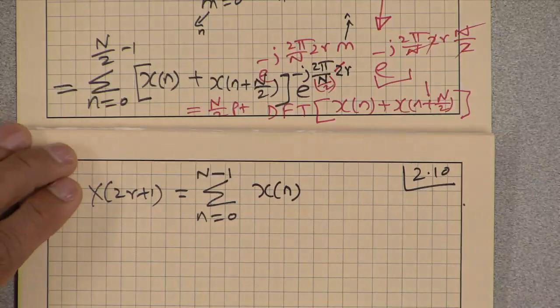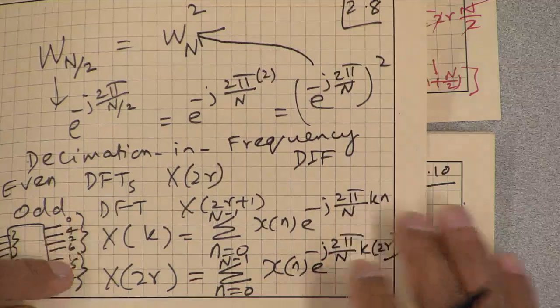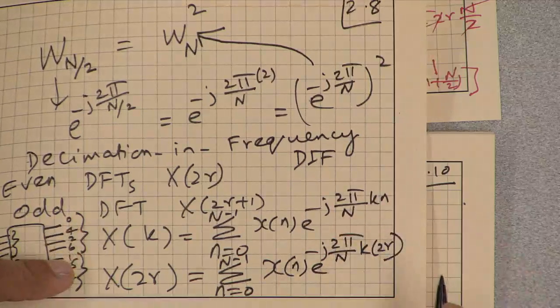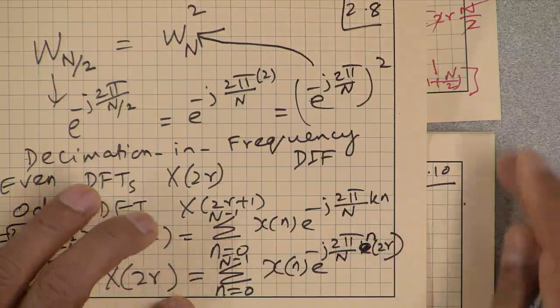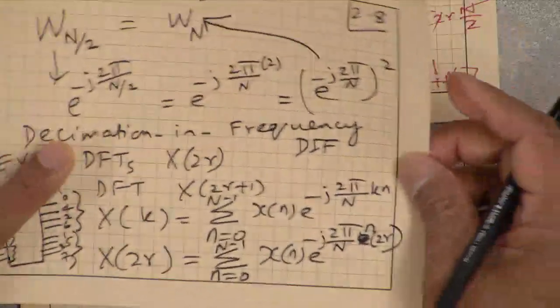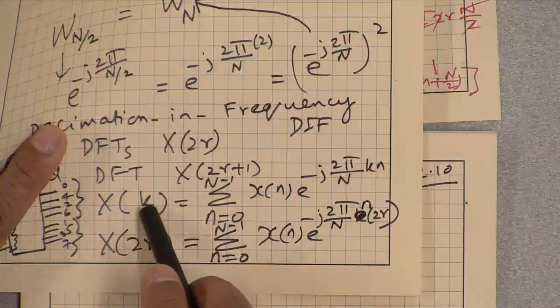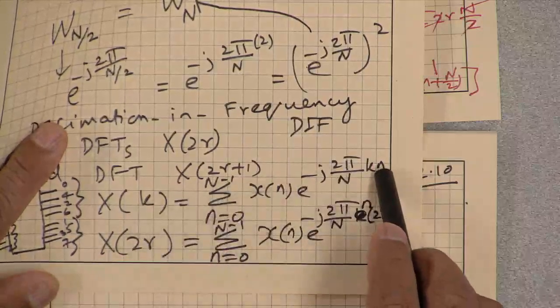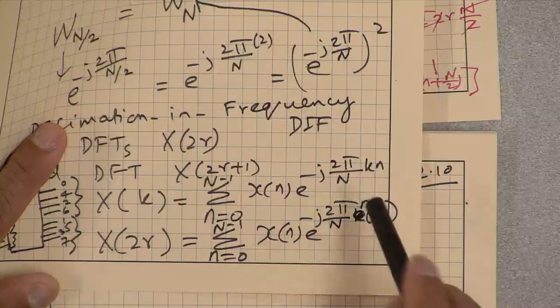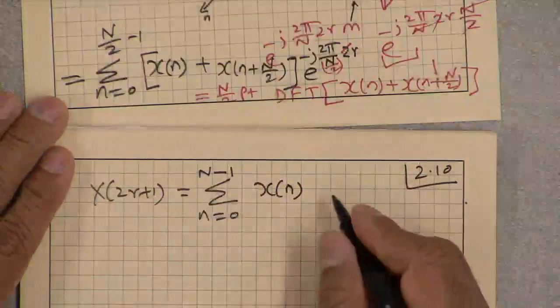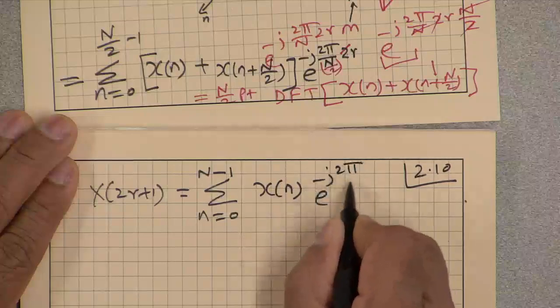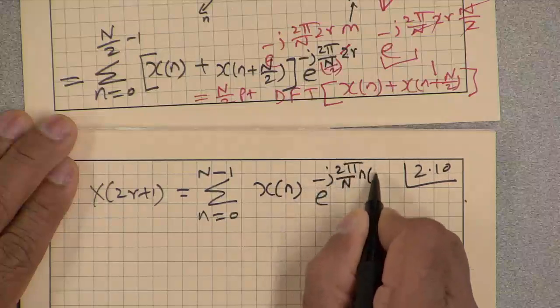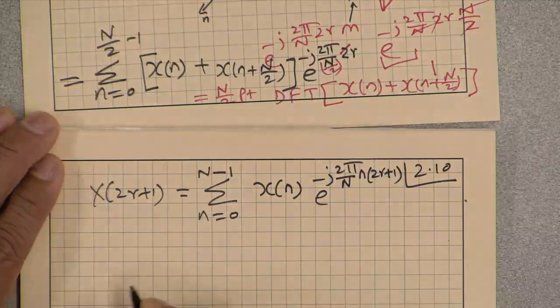I had a mistake here, so continuing from this line, k is here. So we just replace k by 2r plus 1. The n stays, k becomes 2r plus 1. So x[n] e to the power minus j twice pi over N times (2r plus 1).